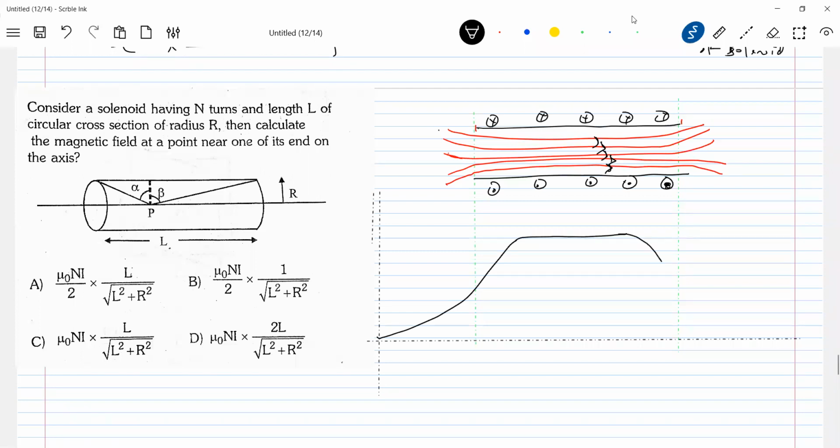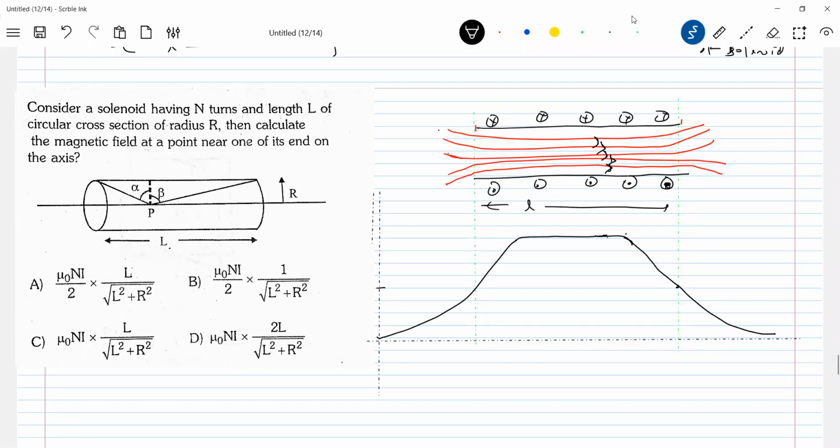Again, it starts varying, and it'll be 0 beyond the length of the solenoid.